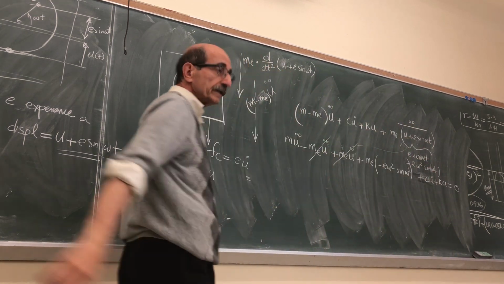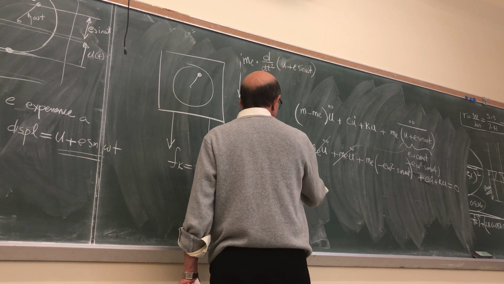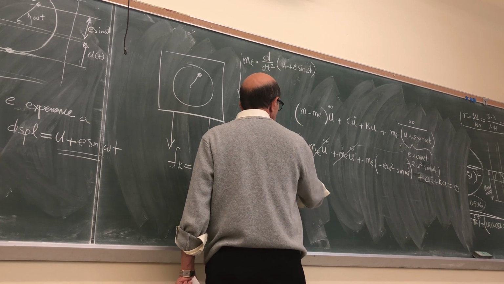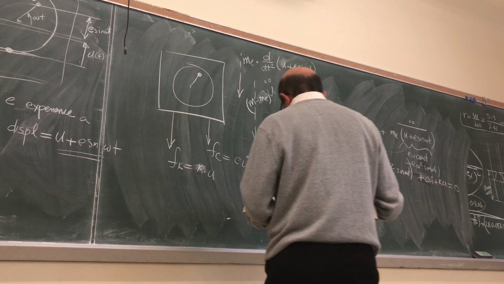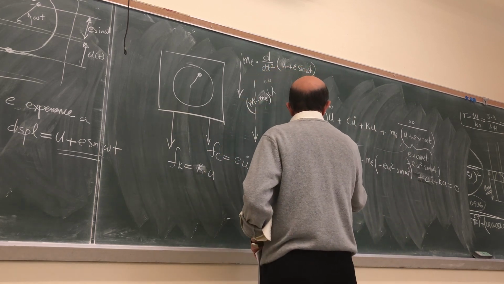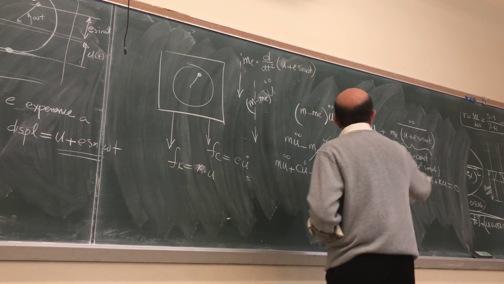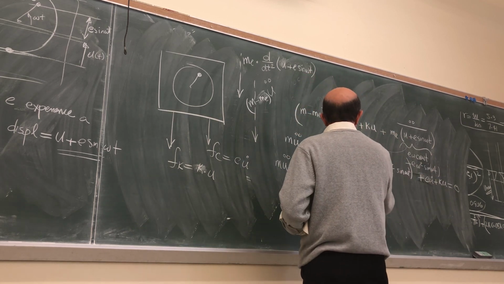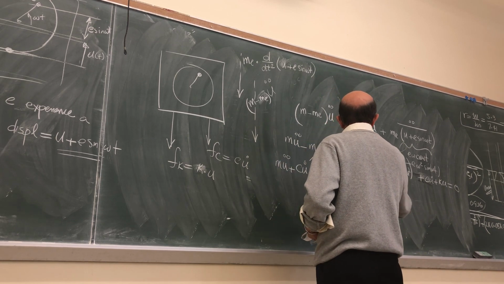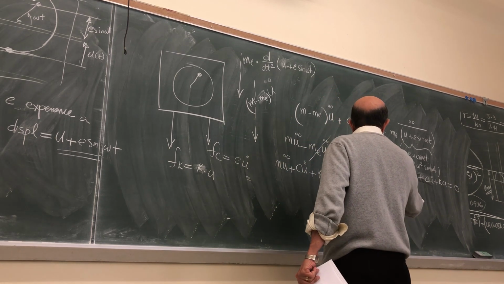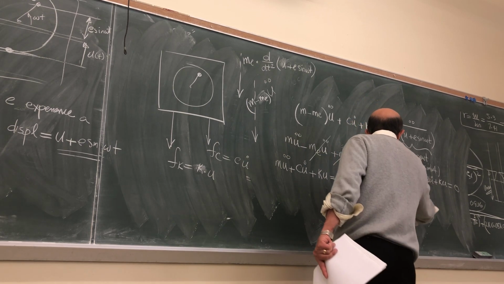So let's simplify that. What you get is M U double dot plus C U dot plus K U is equal to, taking this to the other side, M sub E, the mass of the unbalance, times E, times omega squared, times sine omega t.